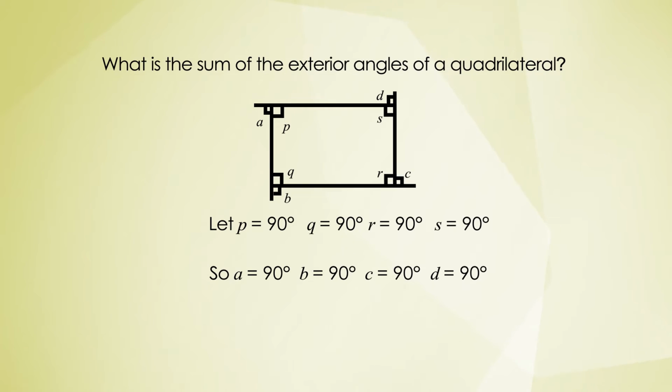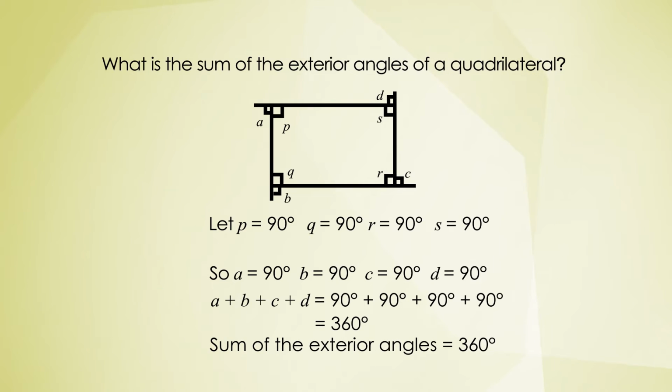To calculate the sum of the exterior angles of the quadrilateral, we add up the angles A, B, C, and D, and this will give us 360 degrees. Girls and boys, so the sum of the exterior angles of a quadrilateral is 360 degrees. Great job, girls and boys!